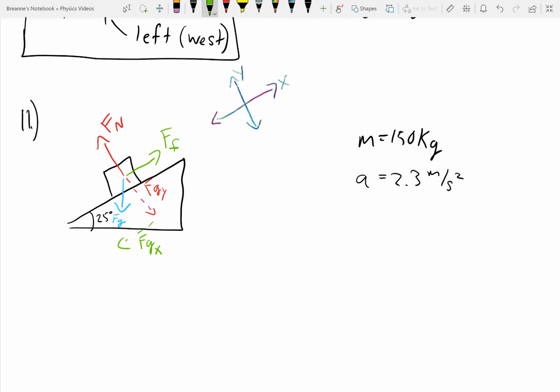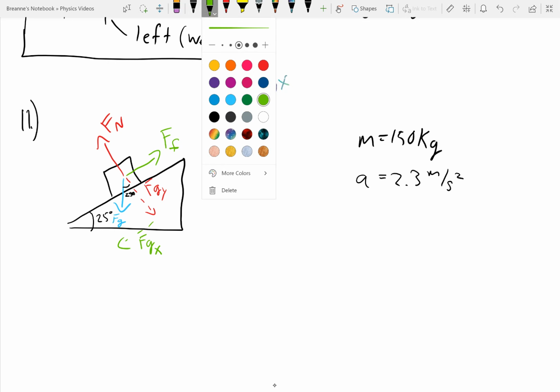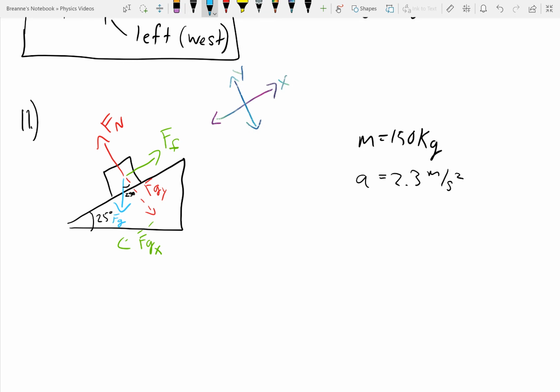So, through the magic of geometry, this becomes our angle. Now we have to figure out what our force of gravity is. Our equation for force of gravity is mass times acceleration due to gravity.